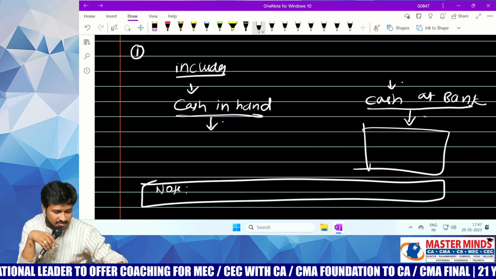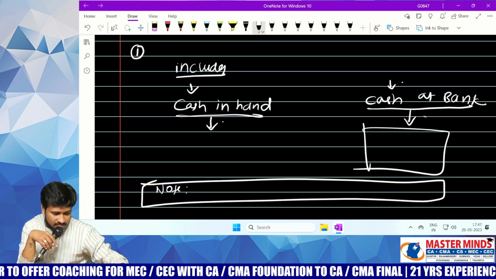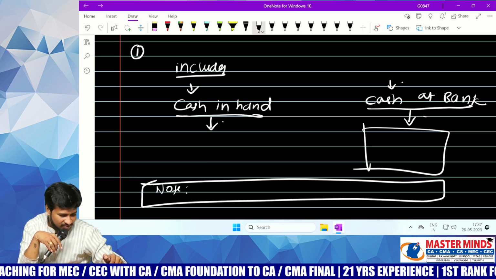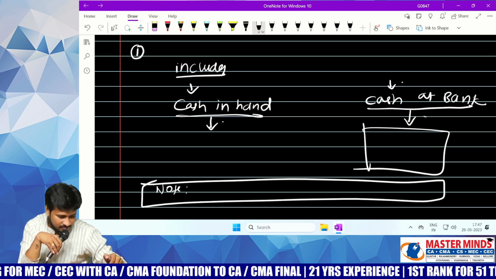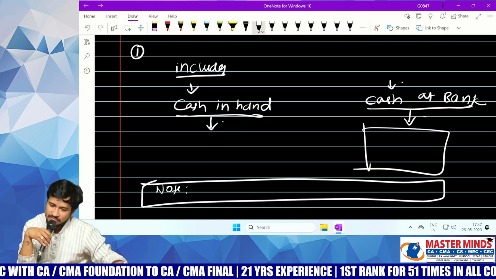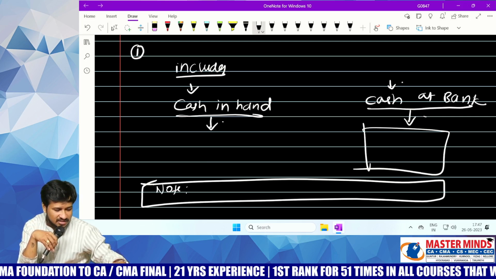Definition number 3. What is definition number 3? Cash equivalents. Tell me what is cash equivalents? Write the same.